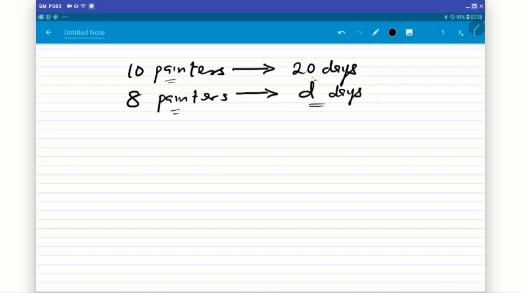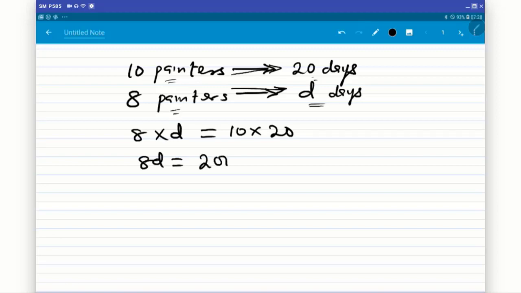Like I said, under indirect, we don't cross multiply, we do a direct multiplication. So 8 times D must be equal to 10 times 20, and that means 8D is equal to 200. Divide both sides by 8, then D will give us what? 25.